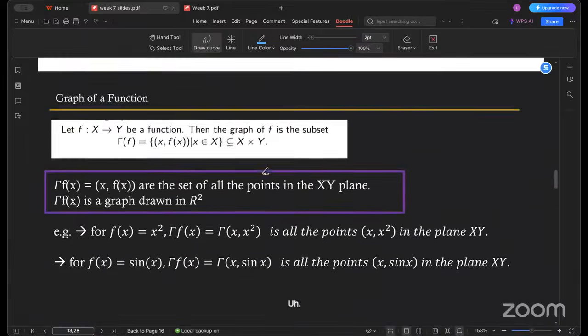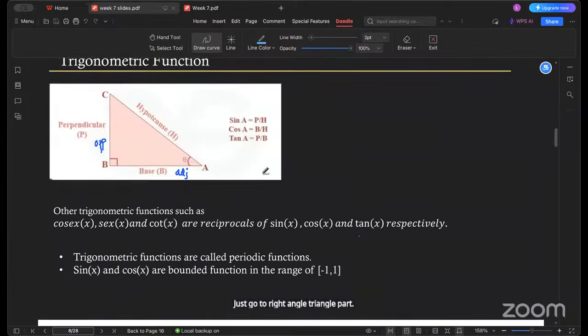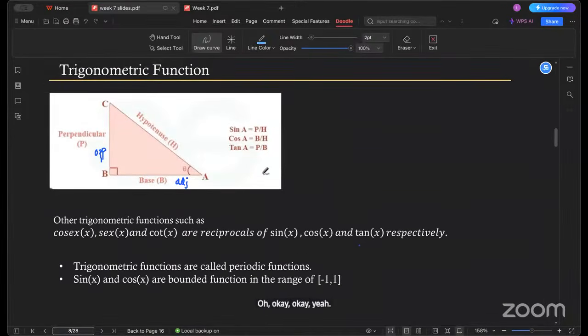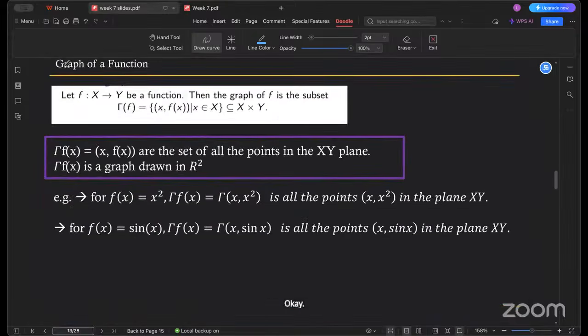And in the sec x part, there is sec, not cosec. Just edit the reciprocals. Yeah, edit the text. Oh, okay. This was not prepared by me anyway. Okay, fine. Thank you.